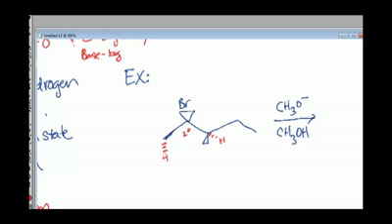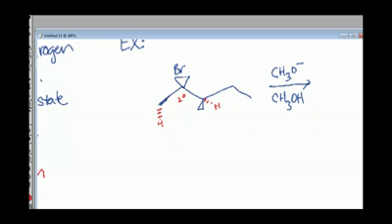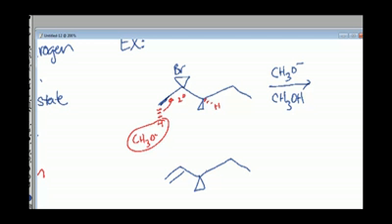So let's look at the possible products. The first product that you might see when ethanol, or actually methoxide, comes and abstracts this hydrogen, you'll be left with these electrons that come and form a double bond there. So for that product, we would get a double bond, then the rest of the compound.